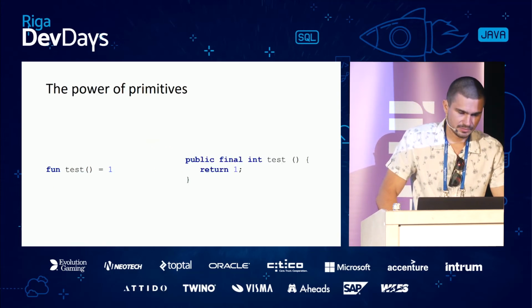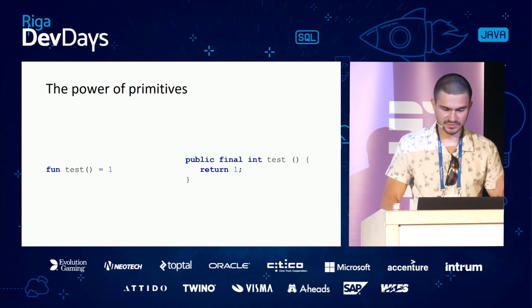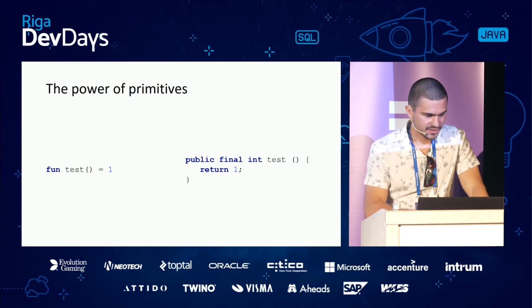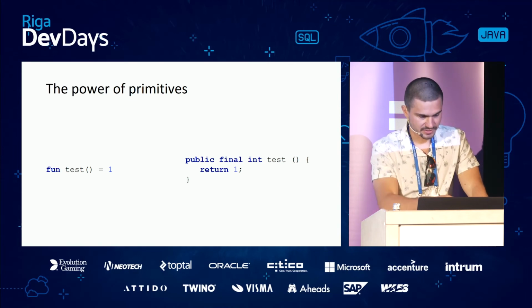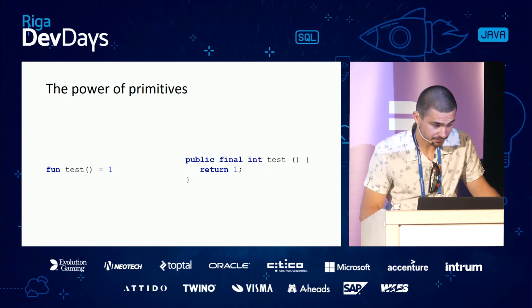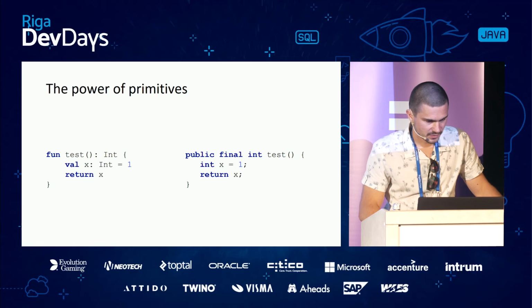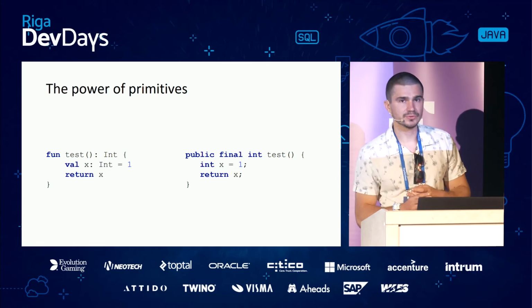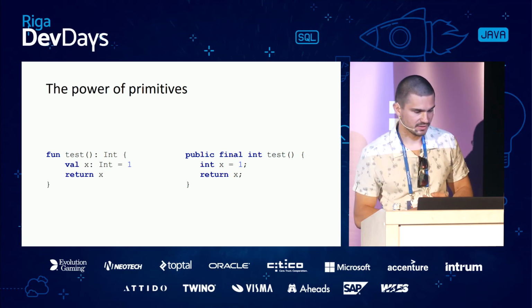All right, primitives. The simplest program just returns a fixed integer literal, which is 1. We can do it in Kotlin as listed on the left, and in Java it will be something like this on the right. One more thing, when you work with Kotlin, you can use Kotlin primitive types.